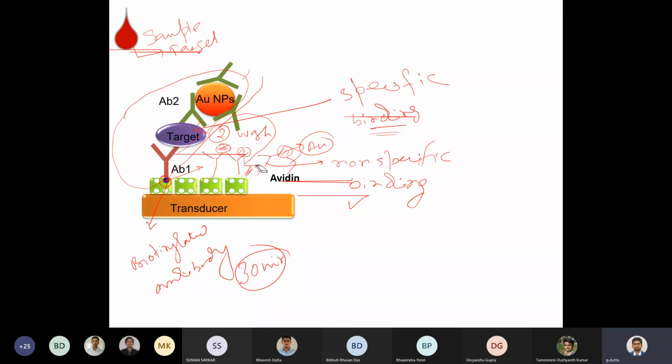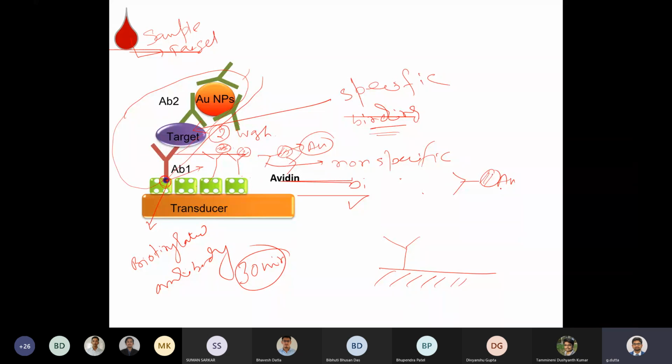Also, there is another possibility: maybe the target is not there. Just think about the zero concentration. Like this is the transducer, and here the antibody is coated, right? Suppose your sample does not contain any target, but you don't know whether the sample contains target or not, and you have to add the secondary antibody conjugated with gold.